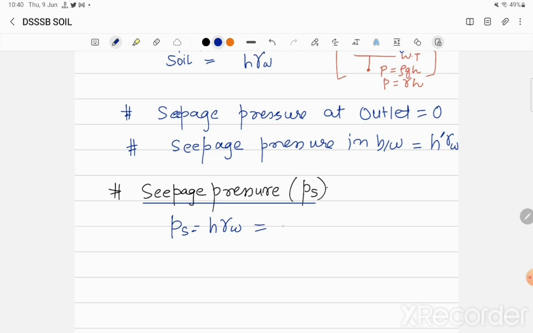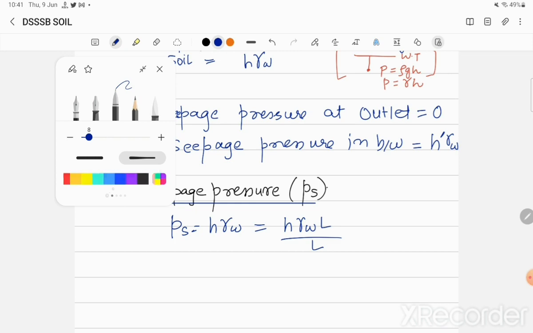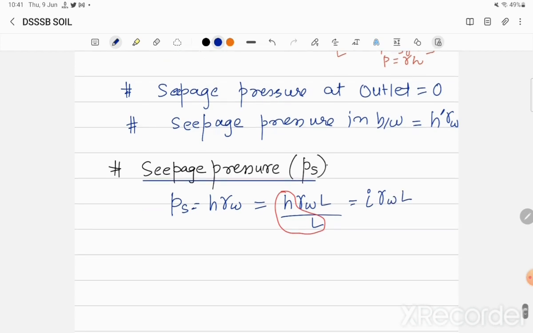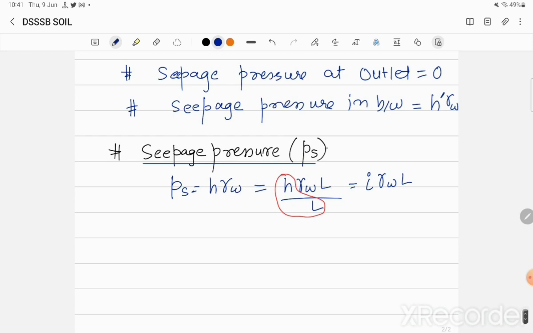Now multiplying L in numerator and denominator, h by L is nothing but gradient i, so Ps is i gamma w L. This is what is seepage pressure.